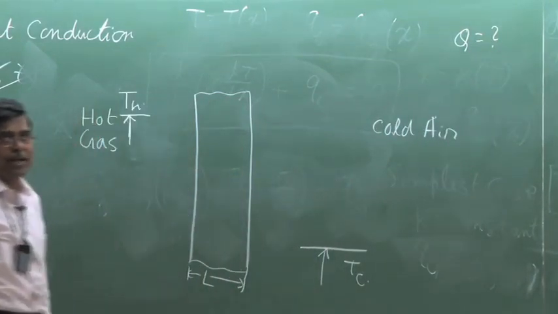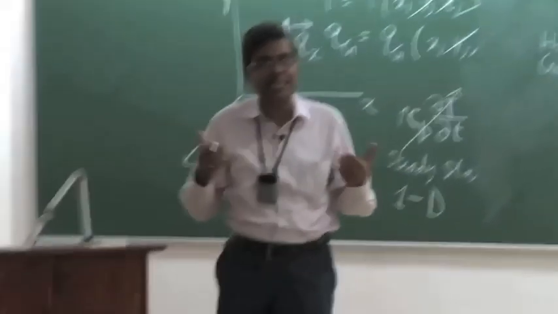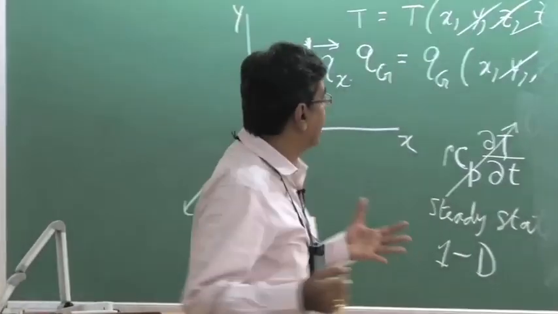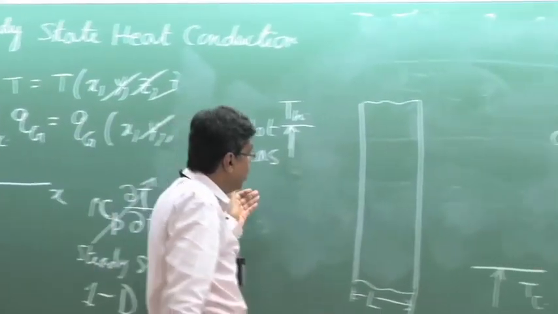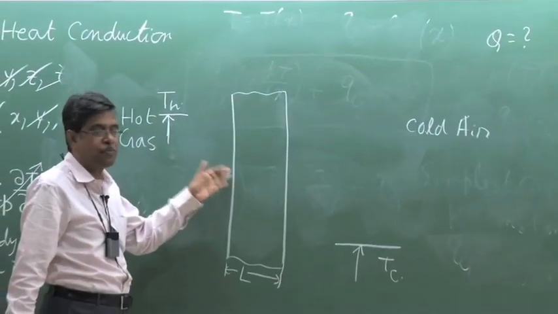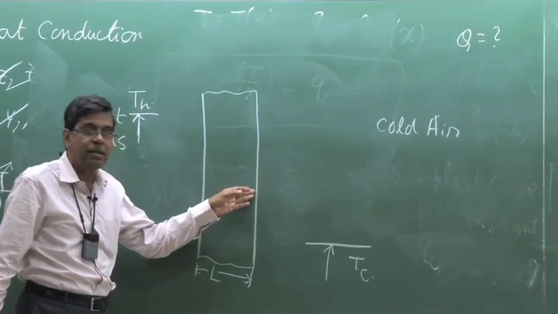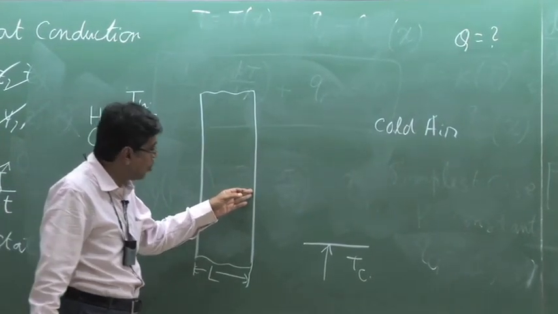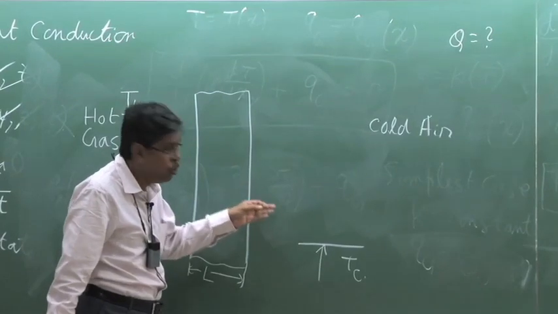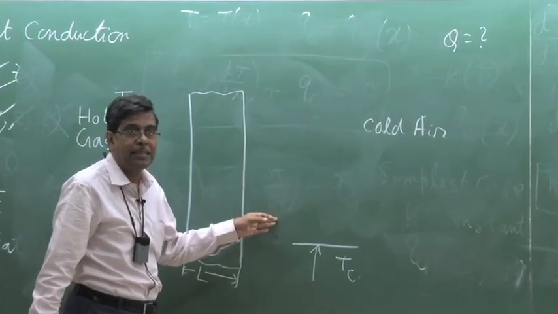So what happens if the problem is at steady state? The heat which comes by convection to this surface from the hot gas is the same heat that is conducted through the solid and again convected from the other surface to the cold gas.